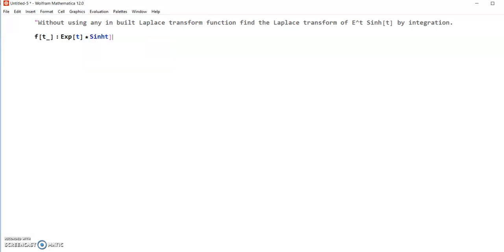Okay, so execute it. So then let's check.